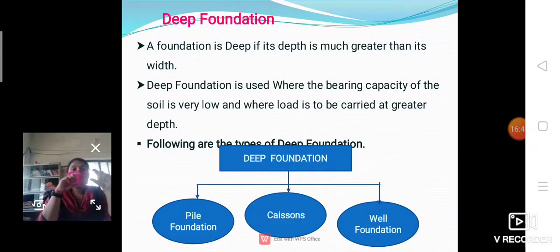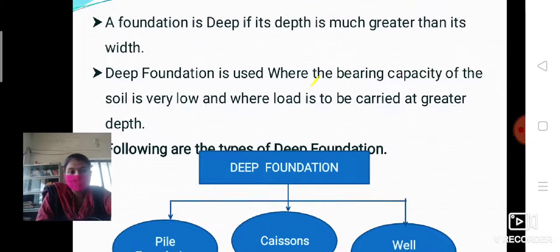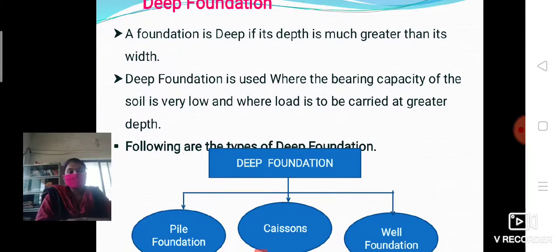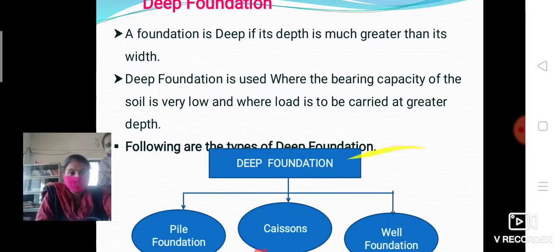Deep foundation is used where the bearing capacity of soil is very low and where the load is to be carried at greater depth. Following are the types of deep foundation. So there are three: pile foundation, caisson and well foundation. Then next, I have shown you the pictures for this.